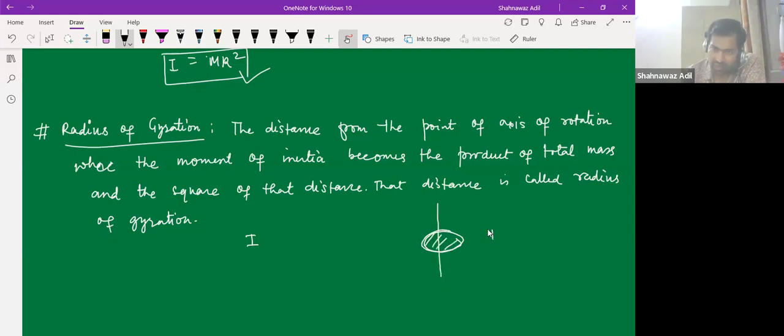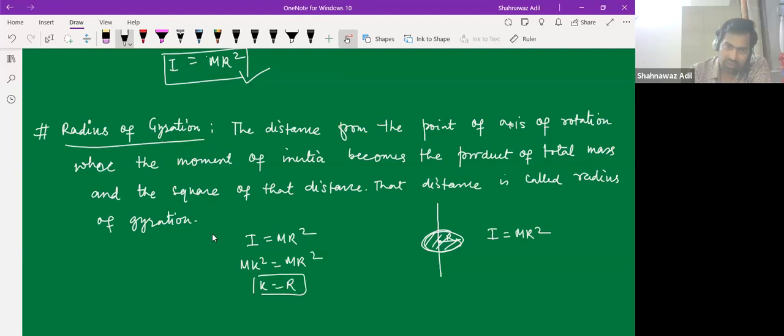So we know that this I is simply mr square, where this is r. So if we compare this with mk square, your k would be simply r, right? And we are taking the axis of rotation perpendicular to the plane of it.